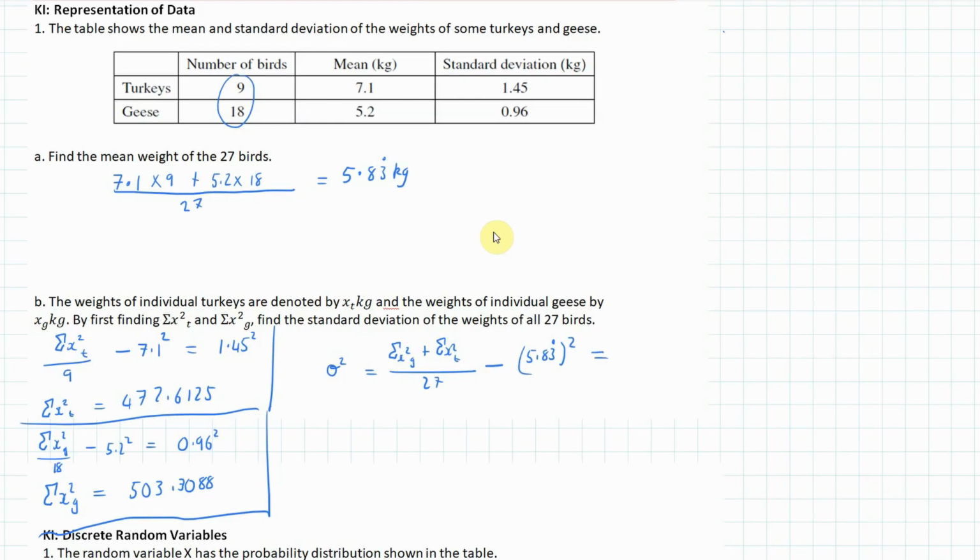And this will give us, so we're going to put in those values, what is it, 472.6125 plus 503.3088, divide by 27, minus the 5.83 squared, and this gave me 2.117, and then therefore the standard deviation is the square root of that. So I'm going to square root 2.117, which is equal to 1.46 to 3 significant figures. Okay, so that's our first question done.